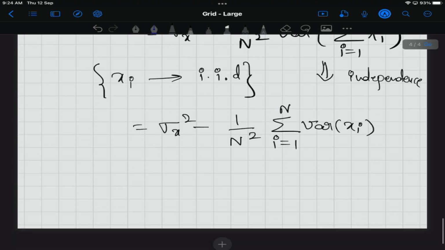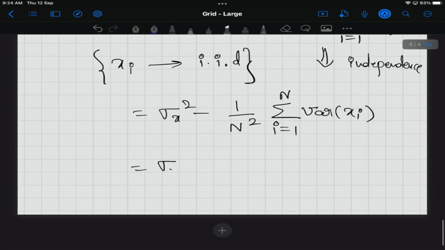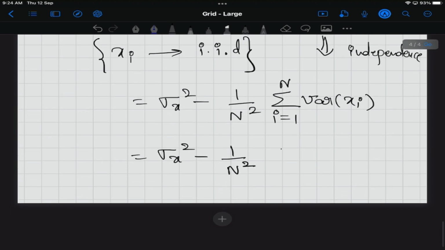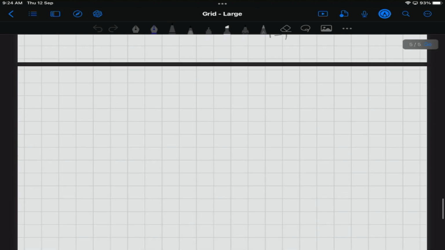Then this becomes sigma x square minus n times the variance over n square. You can write the variance of x as sigma x square because it's just the true variance.